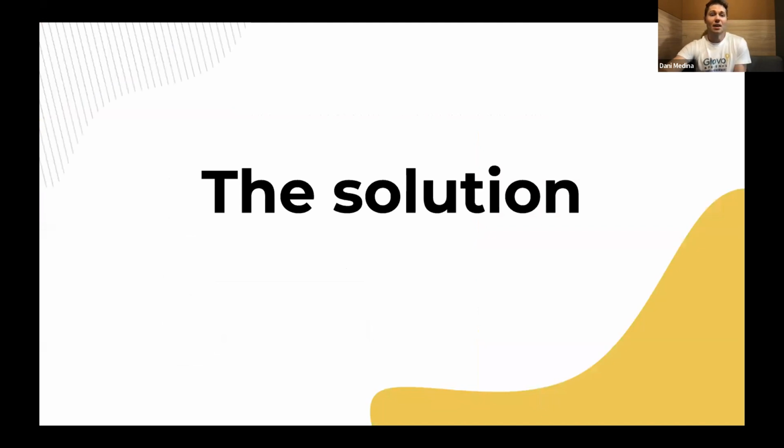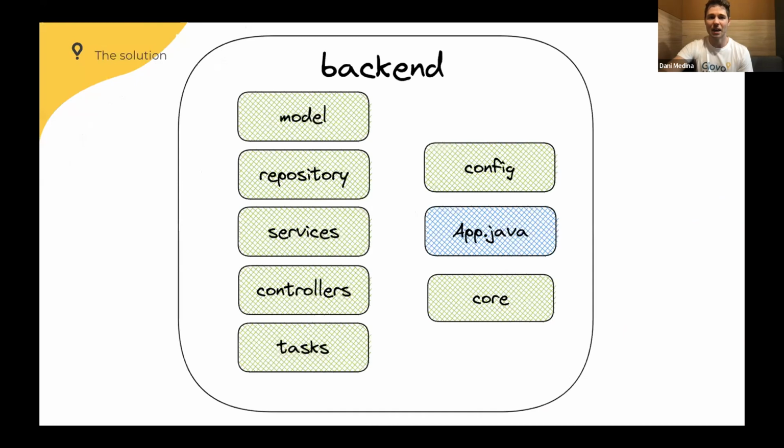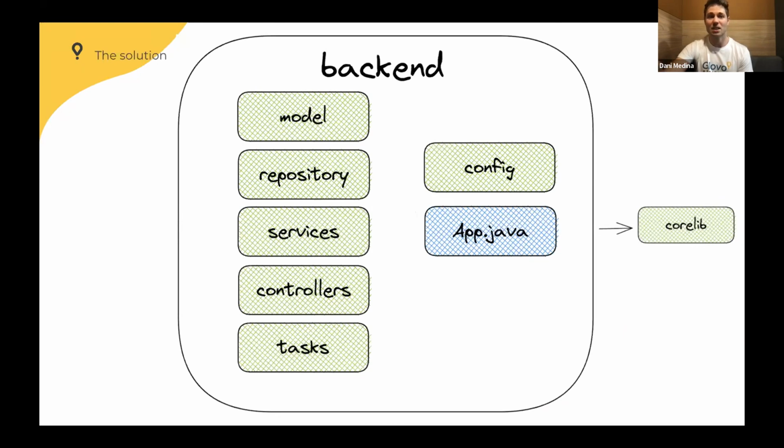So we started thinking, well, actually people before me in Glovo started thinking, what can we do to solve this issue? Let's start by sharing that code so you don't need to copy and paste. So that core package was structured as a library called corelib, which most of you, I hope, already know. This library could be imported not only by the monolith, but also by the microservices that were extracted out of it.